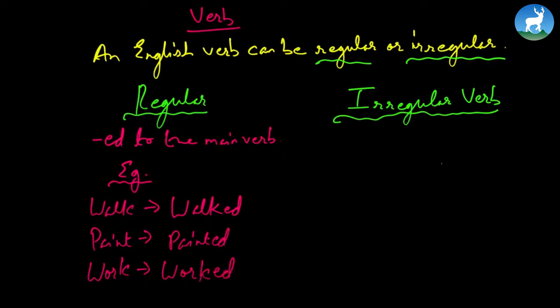On the other hand, irregular verbs form their past or past participle in different ways.